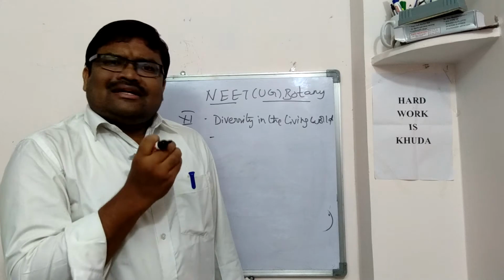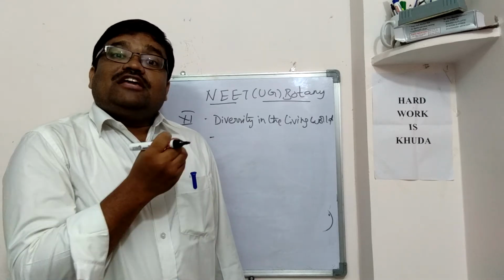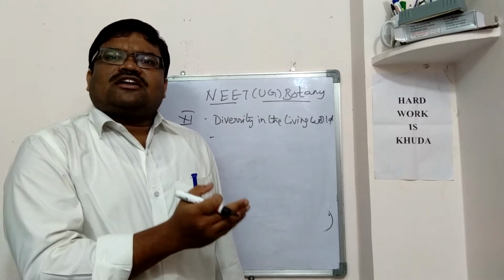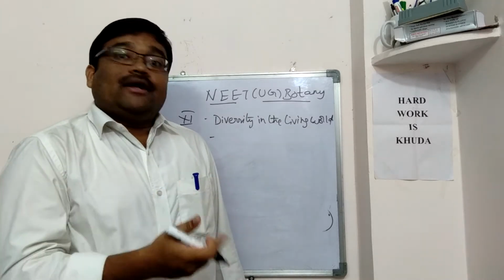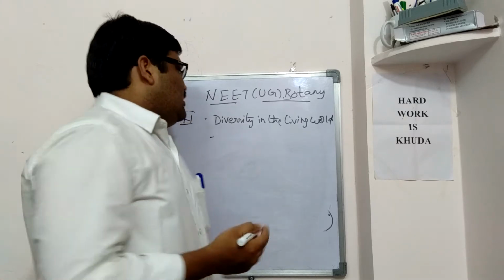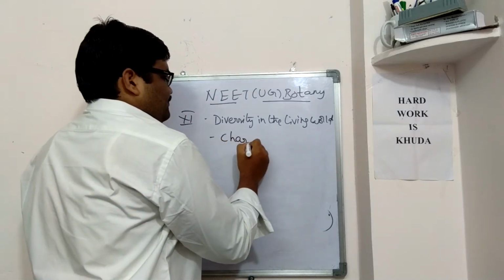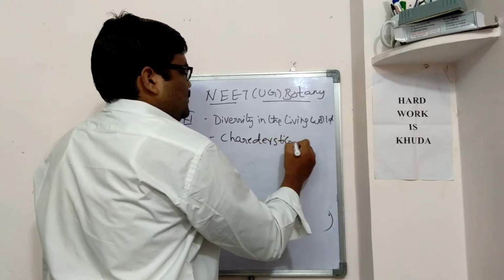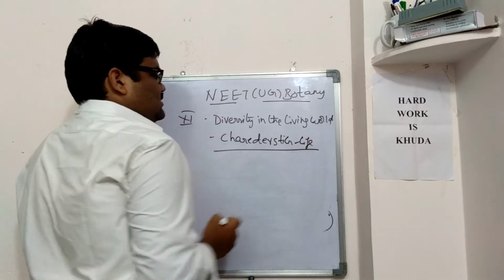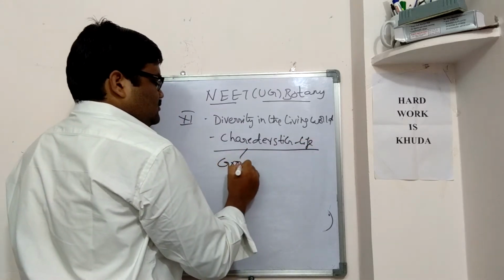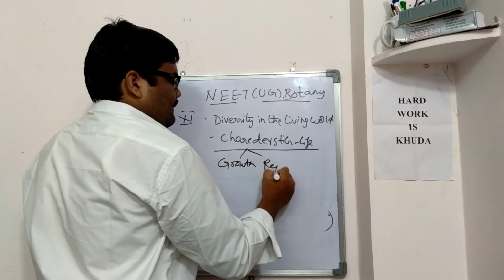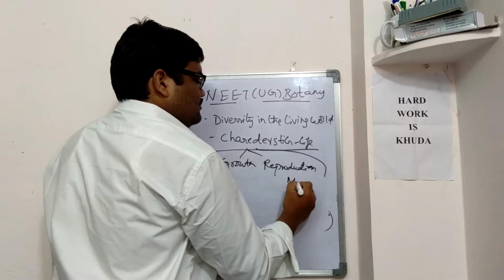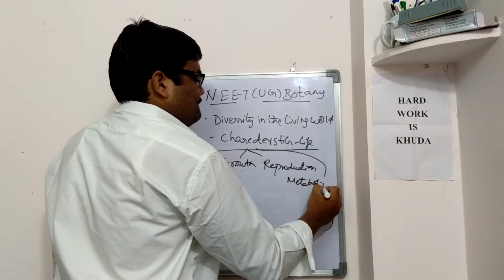There are certain characters which are essential for a living organism: growth, reproduction, metabolism, consciousness.